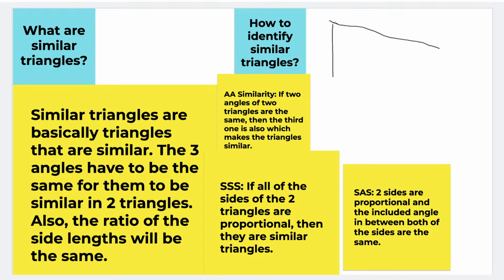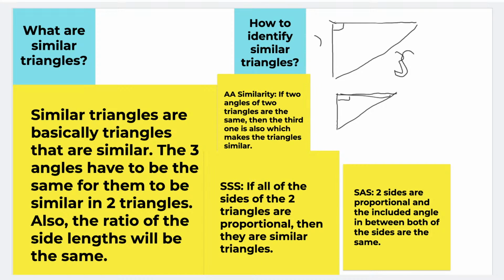I'm going to draw a figure again to show what I mean. I want to show examples so it'll be easier to understand. Don't mind the angle measures, I'm just putting in random measures. So pretend this is 3, this is 4, 5, this is 3, this is 4, this is 10, this is 6, and this is 8.